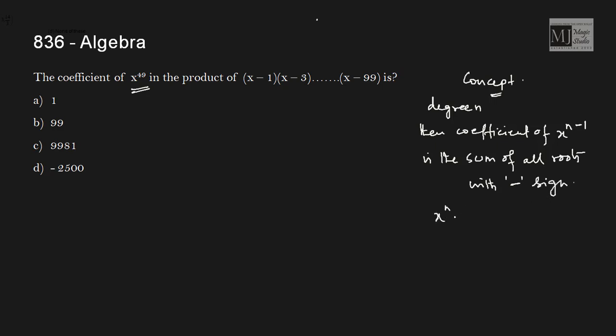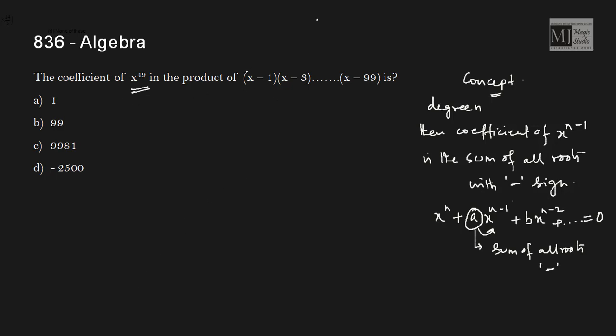Suppose it is x to the power n plus a into x to the power n minus 1 plus b into x to the power n minus 2. Then the coefficient of x to the power n minus 1, a, is nothing but the sum of all roots of this given polynomial when equated with 0, with a negative sign.